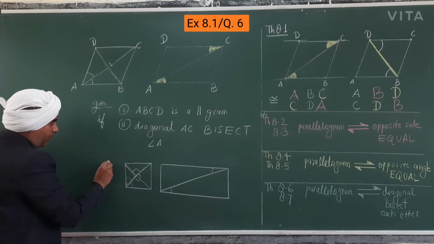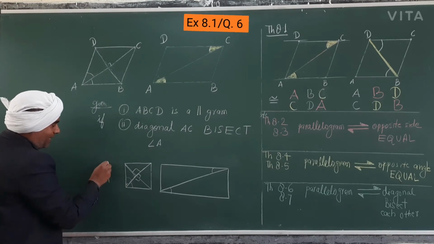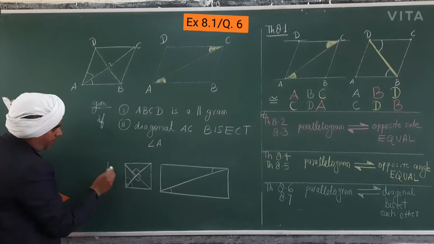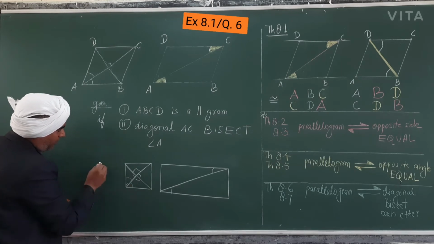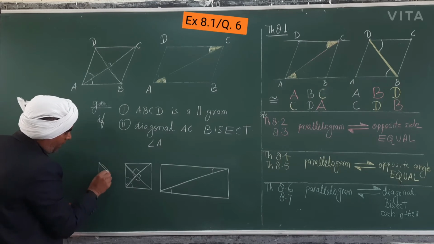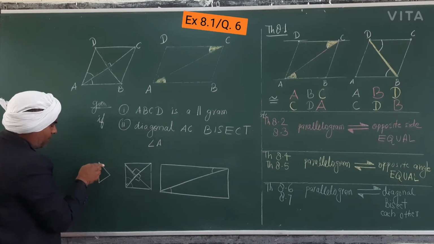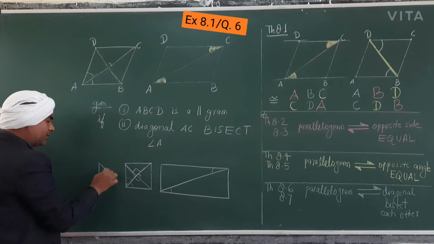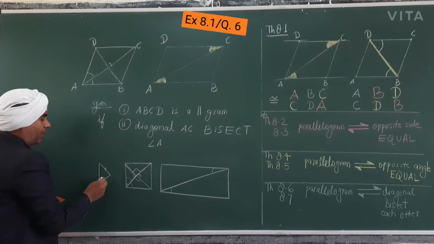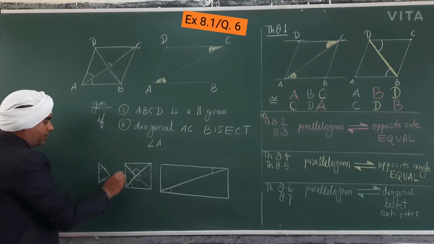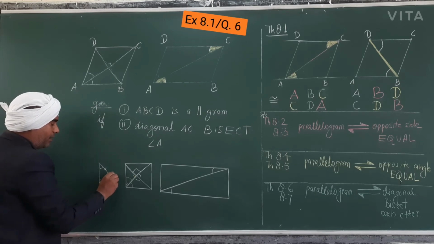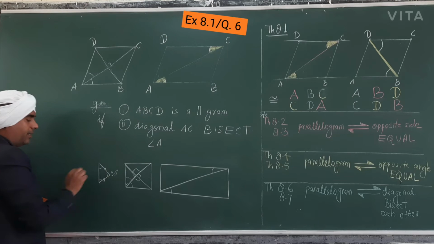You will observe it's 90 degree. Yes, only half, a 1/4 part I am drawing, half of the triangle. This will be equal to this, because the diagonals are equal, and the angle is 45, and this will be 90 degree.